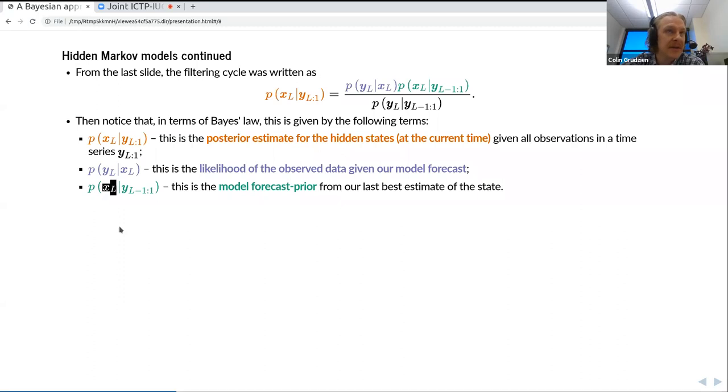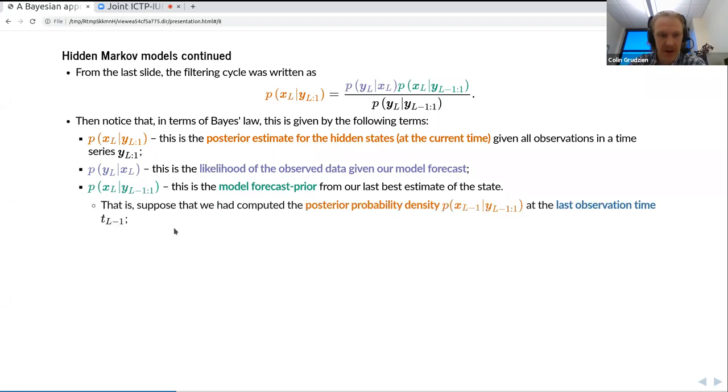That is, this is the conditional density for our current model state, but given all of our past data, where if we suppose that we had computed the posterior probability density at a past time, that is the conditional density for x at time L minus 1, given observations up to L minus 1. So this is, again, the filtering density just shifted one index back in time.